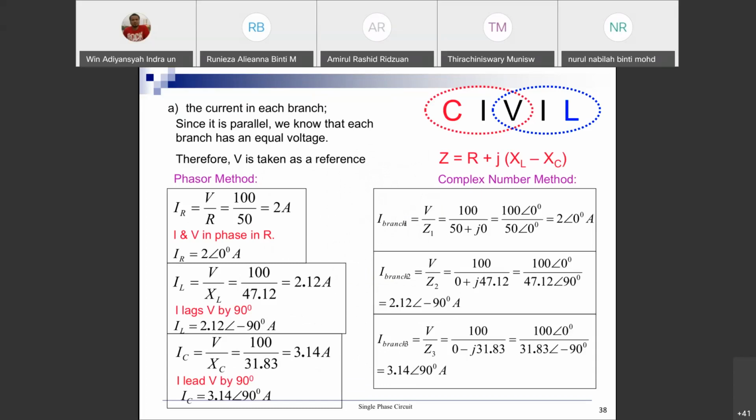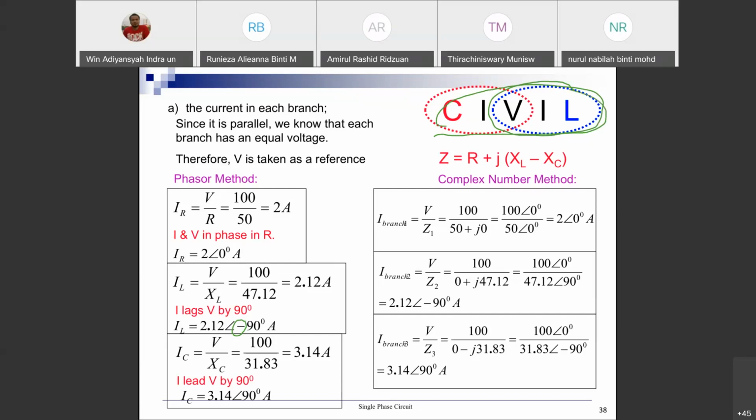IR is V over R. IL is V over XL. Okay, why is it minus here? Let's see. This one minus, right? Because in inductive, remember this formula here, inductive is the blue one.